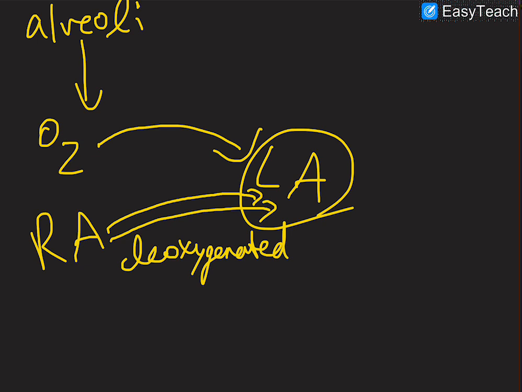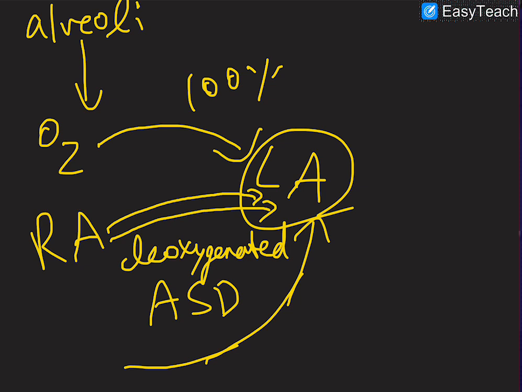So no matter if you're giving 100% oxygen, we're still going to get mixing of blood because remember, we have this ASD, which is a right to left shunt. The right side of the heart is receiving deoxygenated blood from the systemic veins. So no matter what, you're still getting deoxygenated blood shunted over to the left atrium. So then that's mixing of blood now.